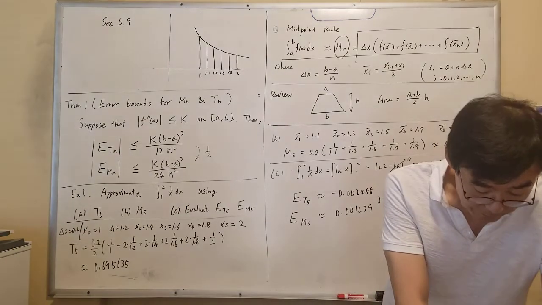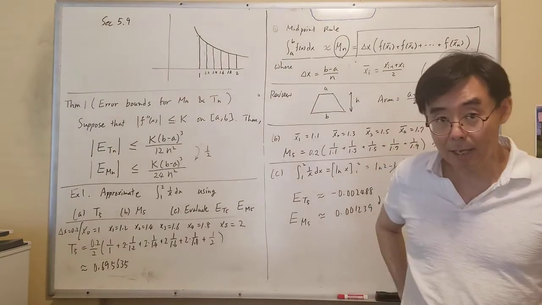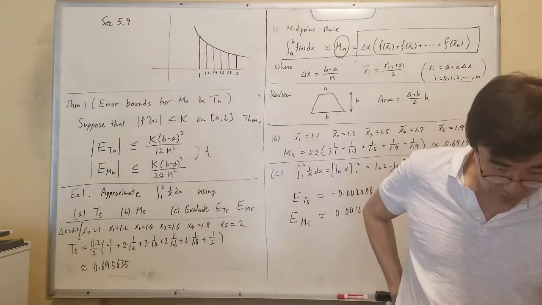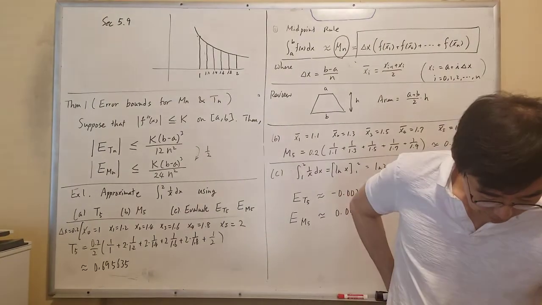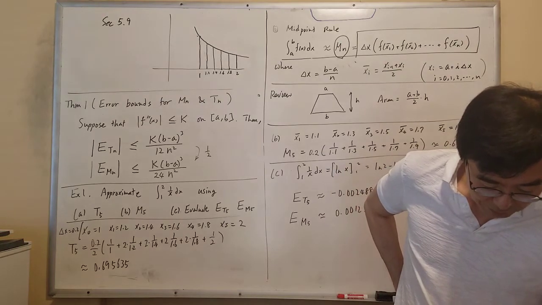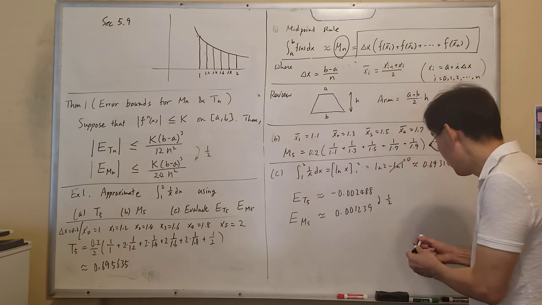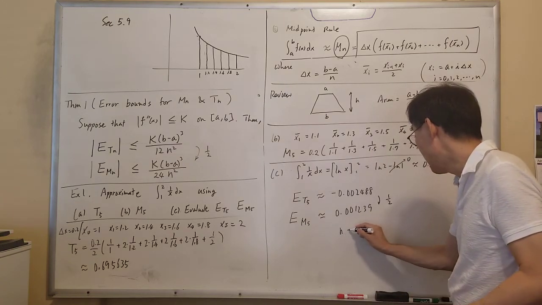Left sum. More important thing is that when increasing from 5 to 10, look at the table. What happened to the error of the midpoint rule from 5 to 10? From 0.001239, this is n equals 5.